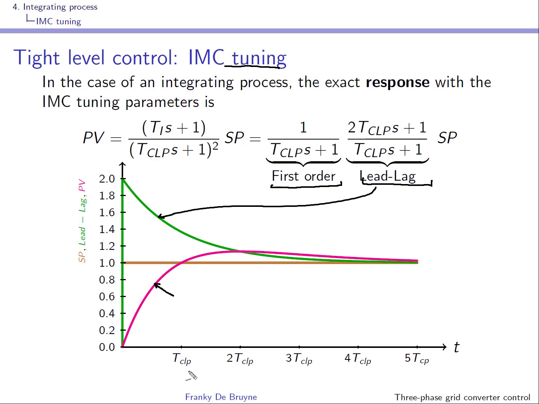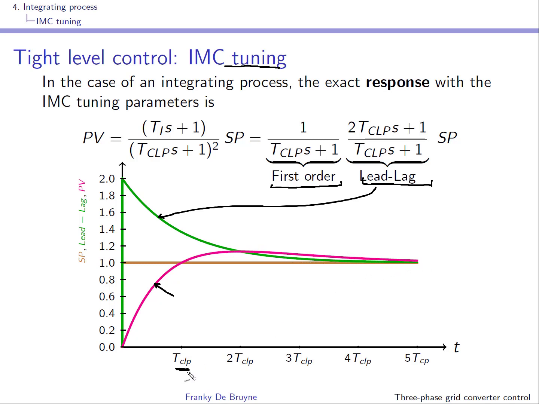And this is TCLP. So in 1 times the desired closed loop time constant, you arrive at the set point. There will be a little bit of overshoot and then it will come back.